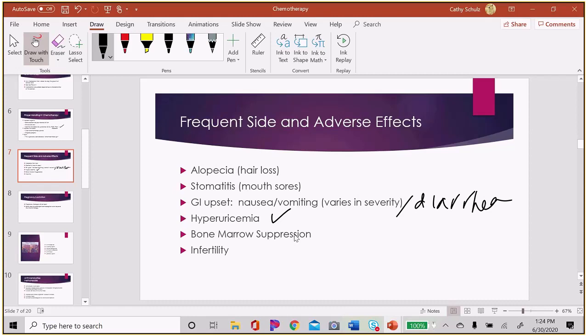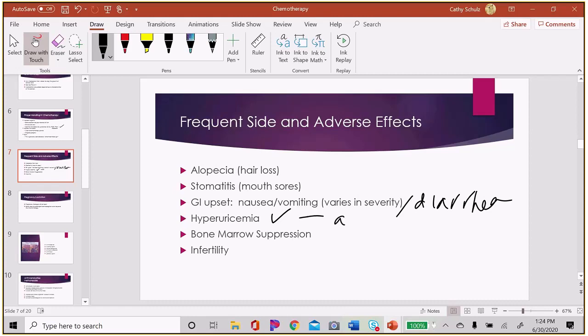Hyperuricemia, we talked about that earlier when we were thinking about musculoskeletal conditions. Gout is the condition where people get pain in joints from extra uric acid. A lot of chemotherapy agents actually change the way the body handles uric acid, and uric acid can be elevated.